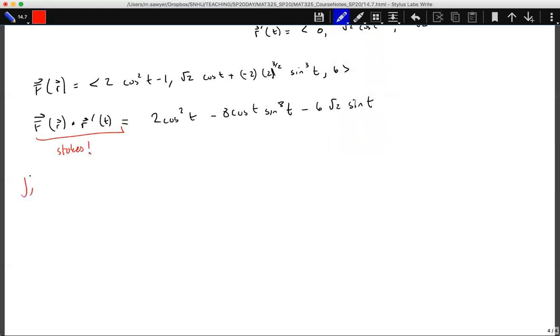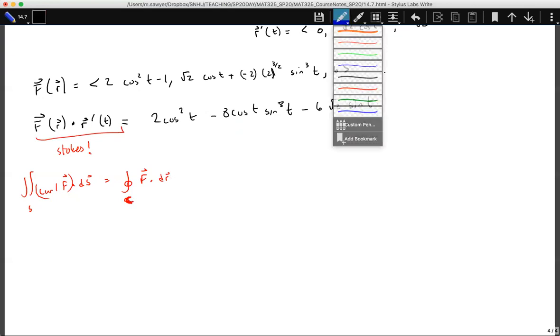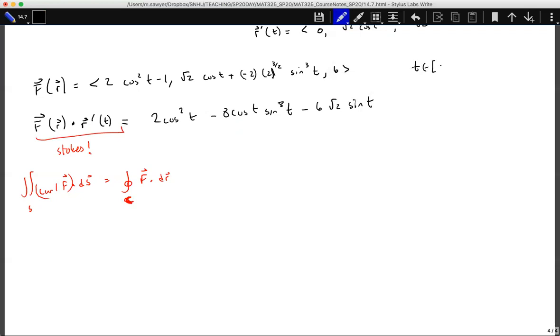Because when we're evaluating the curl of f dotted with dS, this is the same as evaluating over that closed curve of f dot dr. So instead of finding the curl of the vector field, we found the vector field and the curve of intersection of the two surfaces, and we're looking at the circulation across there. And here for our curve, we should say our time goes from 0 to 2 pi for our circulation.